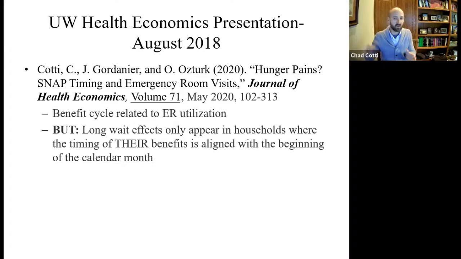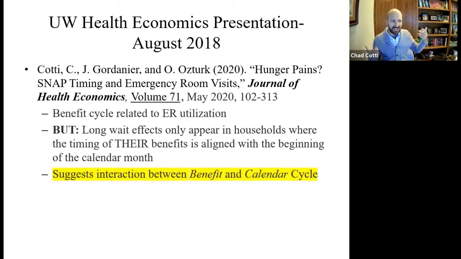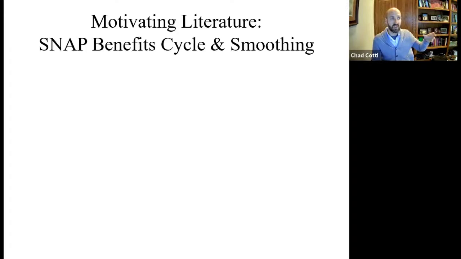And then there are other households that were later in the month, like the 10th of the month, and those households were much more misaligned. And it was only the households that had a high degree of alignment with the calendar month where we saw these ER utilization effects, suggesting that maybe there's some interplay or relationship between alignment with the benefit and calendar cycle. So that was one element of motivation.